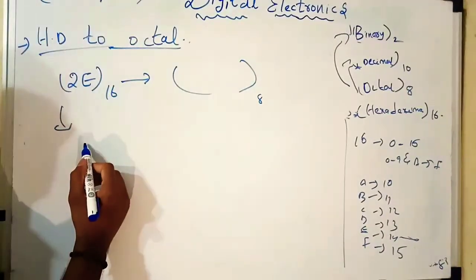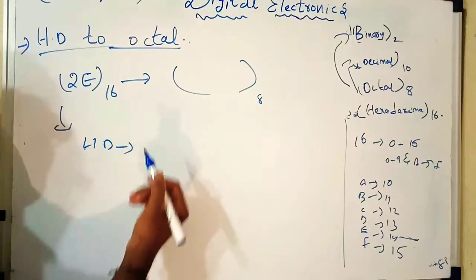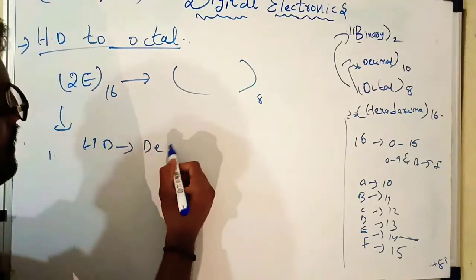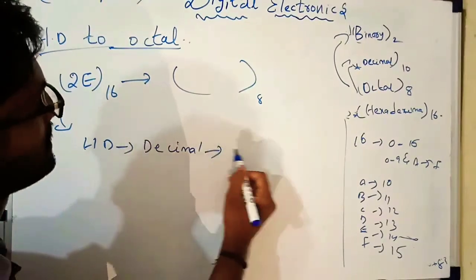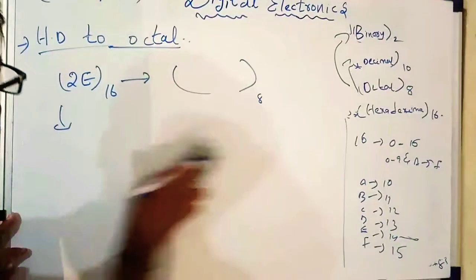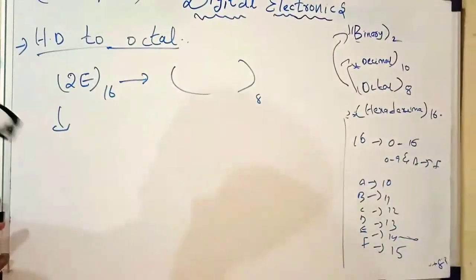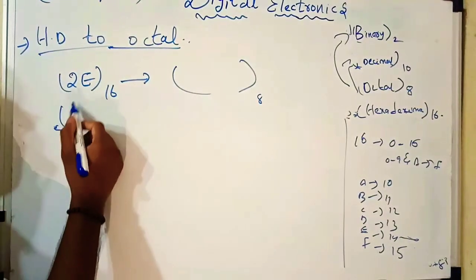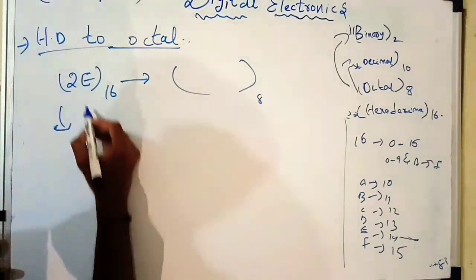Here also we can convert hexadecimal to octal in two ways. One is hexadecimal to decimal and then decimal to octal. But this is a long process, so we will directly convert hexadecimal to octal. First convert this into binary, because this is a very easy process.